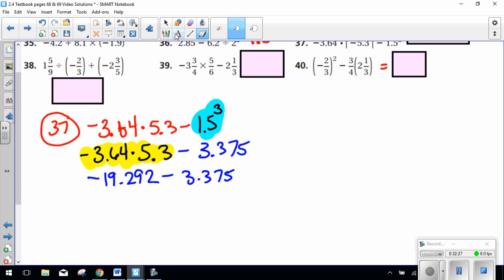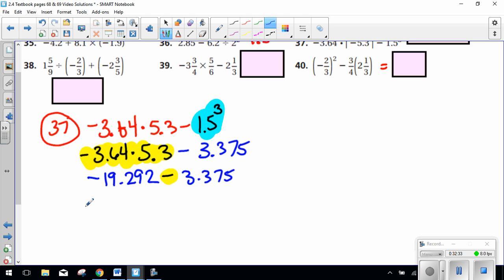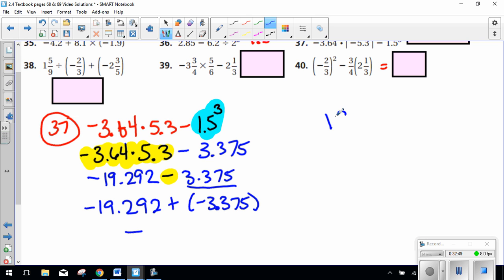Okay, our last step is to simply subtract. So we're going to rewrite this as add the opposite. So this minus sign becomes plus, and this guy becomes the opposite. So since my signs are the same, I'm going to add and keep my sign.